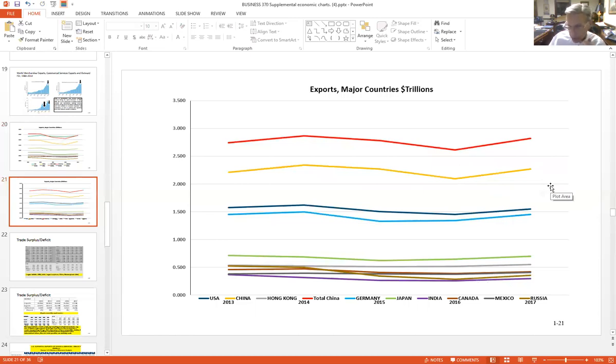And that's not double accounting. It's only the Hong Kong exports that are counted in that case. So here we have mainland China. Here we have the United States, and here again, Germany. So Germany is a major player.